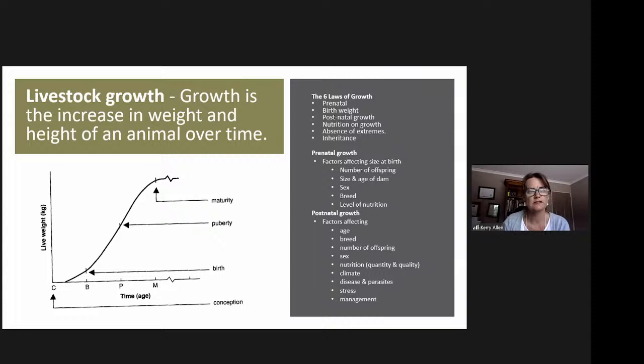Stress, so if they're constantly under stress, such as a farmer beeping their horn or rounding a dog up, or fireworks going off, that causes stress, and they also don't put on growth. And then how you manage them. So if you're constantly moving them, or you're not providing them with enough feed, or something along those lines, you may also affect their growth.